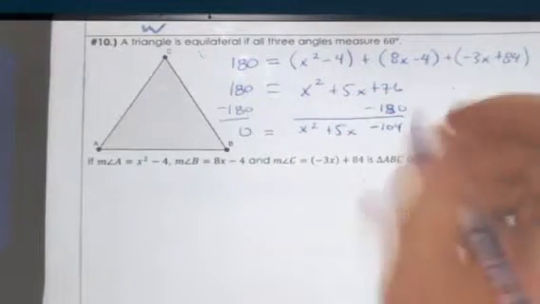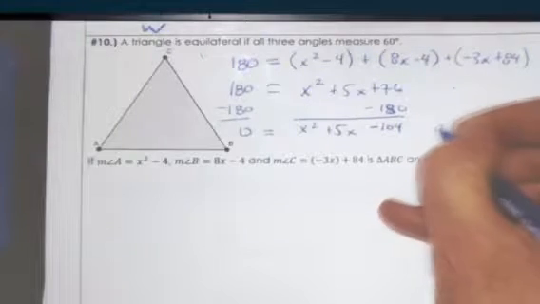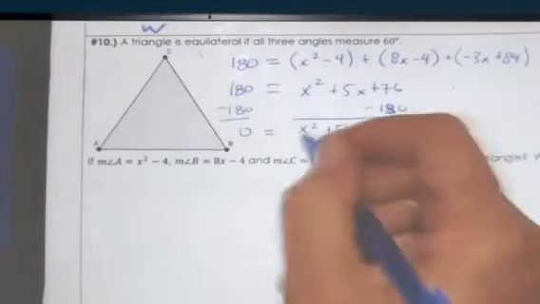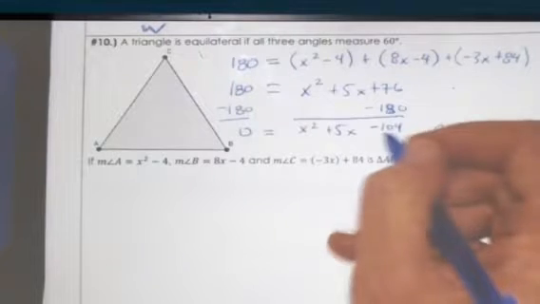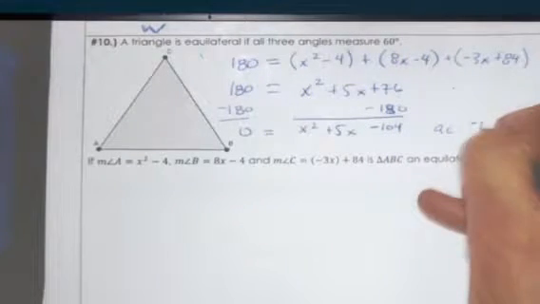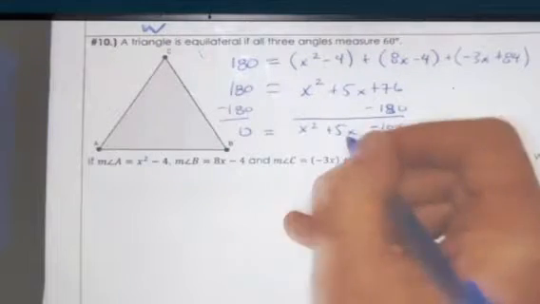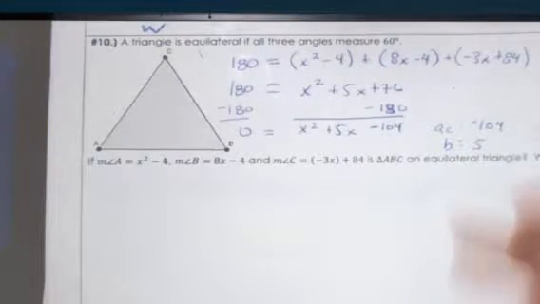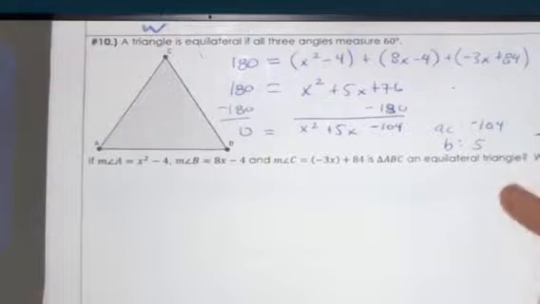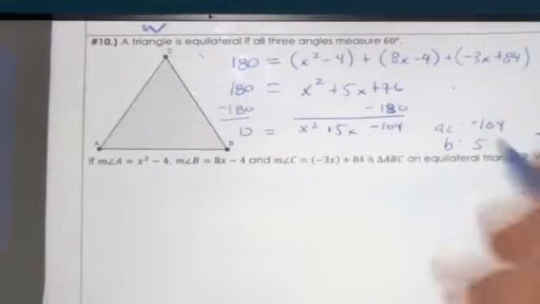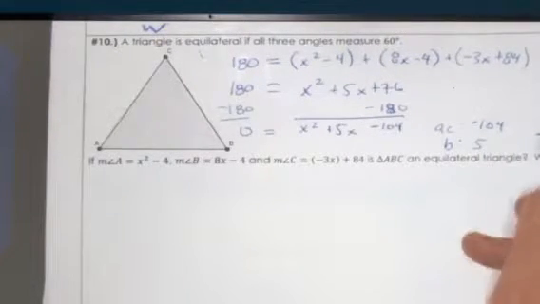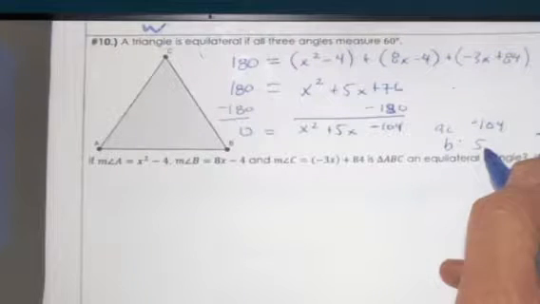So now I see that my master product, A times C, is 1 times negative 104, which is negative 104. B, the sum, is positive 5. So I'm looking for numbers that will multiply to equal negative 104 and add to equal 5.